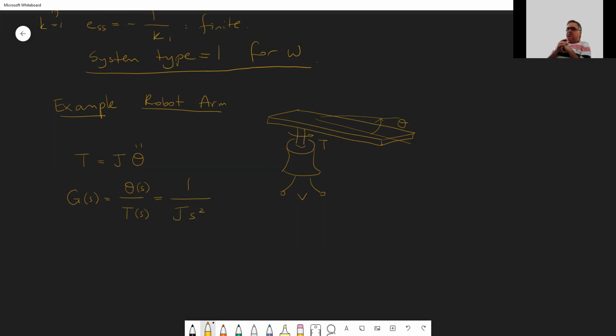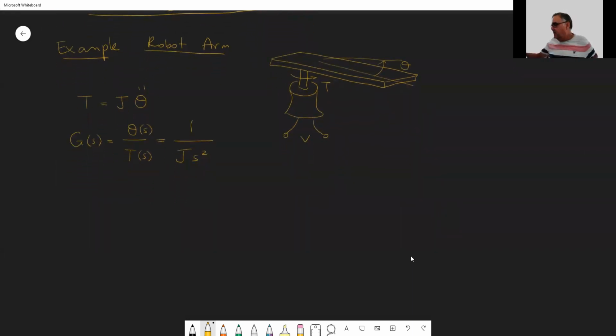Let's say that the torque is proportional to the voltage, so you can just consider it a constant. For example, let's say you have a motor and this is the arm. The torque is generated by the motor, with V of S being the voltage applied. Let's assume the motor transfer function is K motor divided by (the time constant of the motor times S plus 1). Usually motors are fast, so we can ignore the time constant. This is small, so you can assume this is Km.